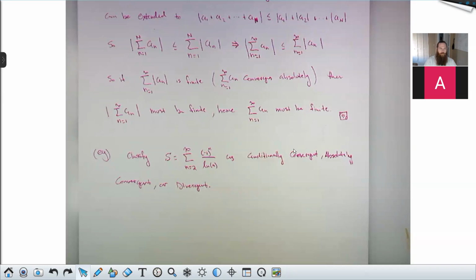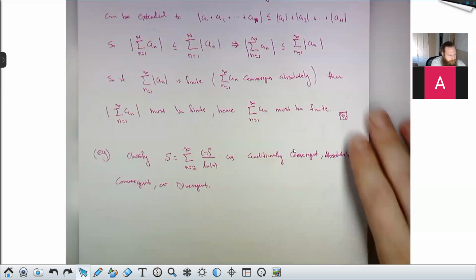So Juan and Maggie both have a good idea here. We can take the absolute value of the series on the inside and see whether or not that converges. And we can investigate the convergence of the series as it was given to us.